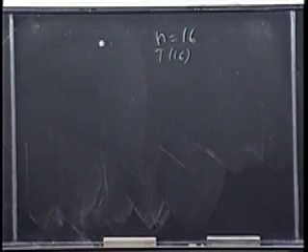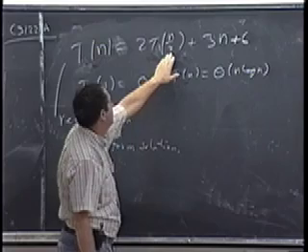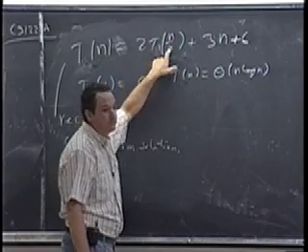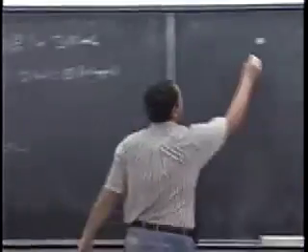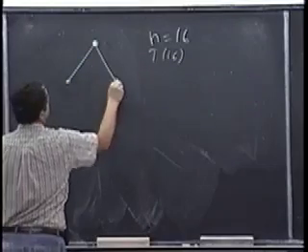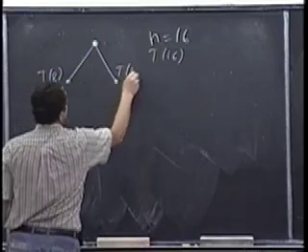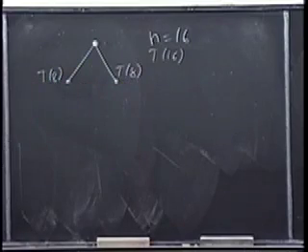And unwrapping this recurrence, it says, I don't know what T of 16 is, but what I do know about T of 16 is that it's equal to twice T of 8, plus some other stuff, which I'll put up in a moment. So I'd really like to know what T of 8 is. And in fact, I'd like to know it twice.